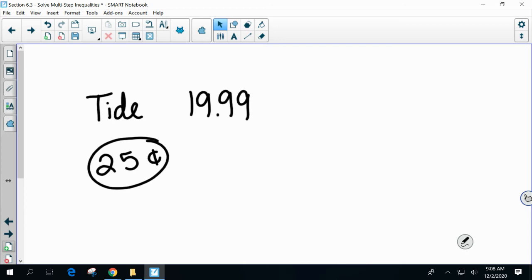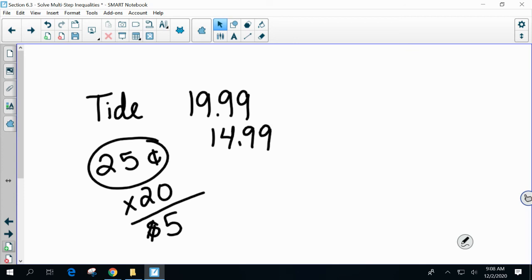Like the gas pump rolls to 20 gallons and then stops. You can't get any more through the fuel saver thing. So if I look at it that way, I'm saving 25 cents times 20. So how much money am I actually going to take off of this Tide? $5. So I realize I'm not going to take off $5 at the cash register, but I'm going to end up technically spending $14.99 for this giant jug of Tide laundry detergent because I'm going to save the $5 later when I go get gas.